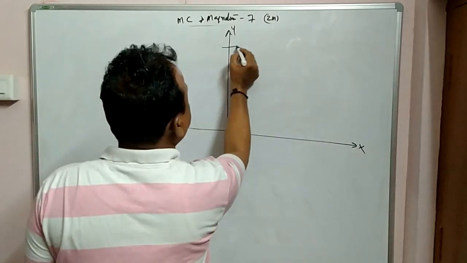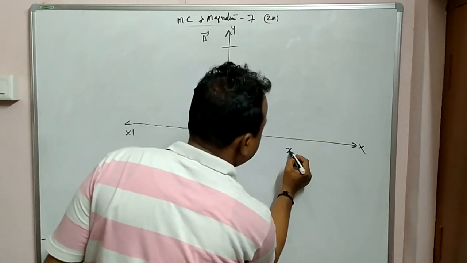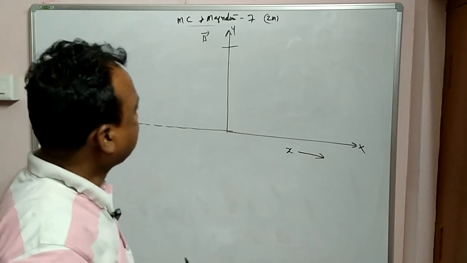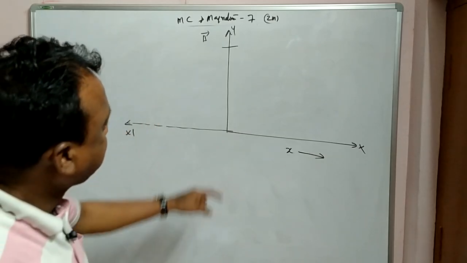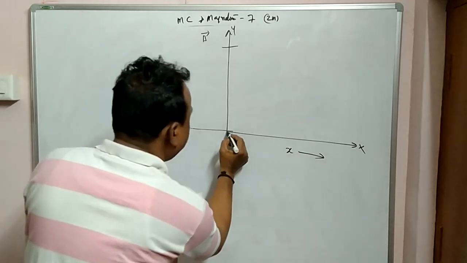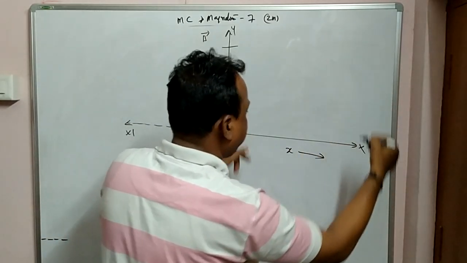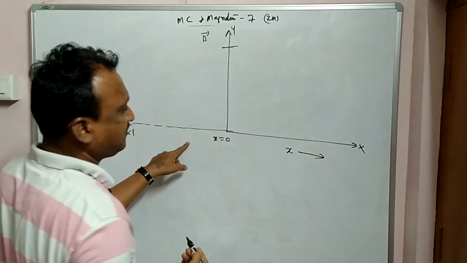On the graph, magnetic field is on the y-axis and distance x on the x-axis. If you look carefully, when did we get the maximum? At x is equal to 0. At x is equal to infinity, again you get a smaller value of B. So at x is equal to 0, you get the maximum value.